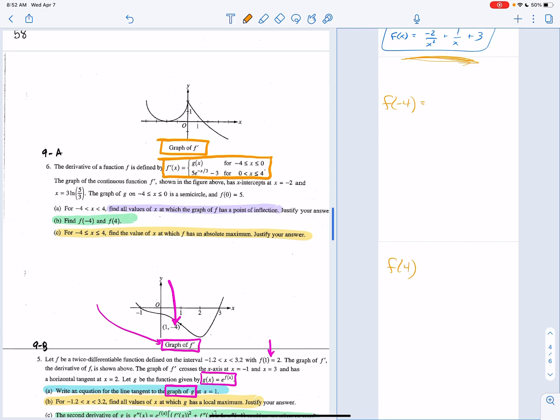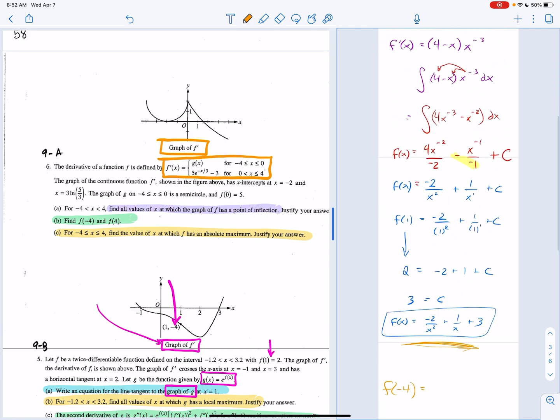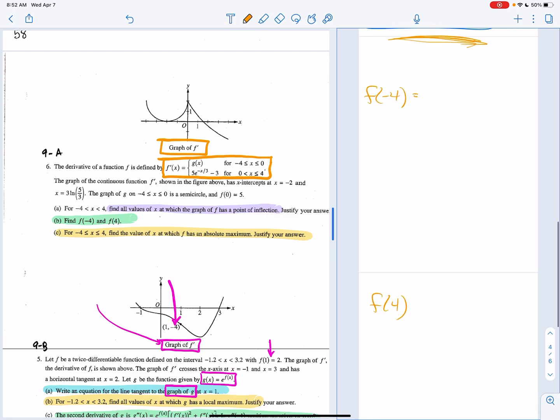To go from f prime back to f, there has to be some type of integration. So this is the alternative approach. That plus c that we did in the previous problem works, but it doesn't always work because it depends on what information they give you.